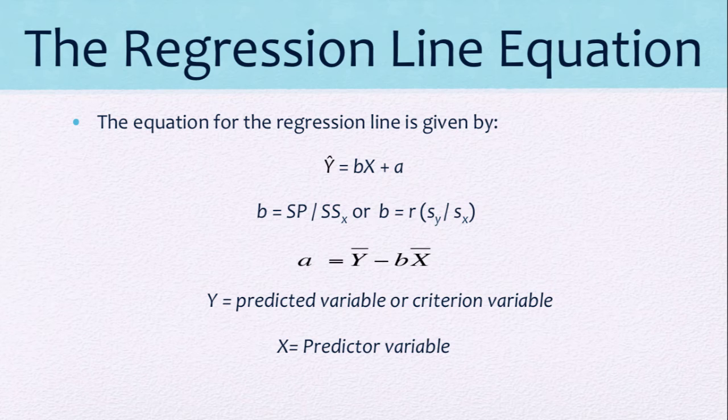And a is equal to y bar, or the mean of y, minus b times the mean of x. Important to note is that y is referred to as your predicted variable or your criterion variable, and x is referred to as your predictor variable.